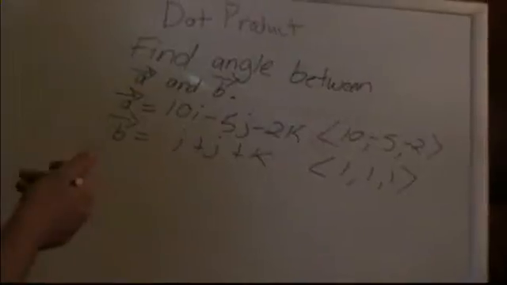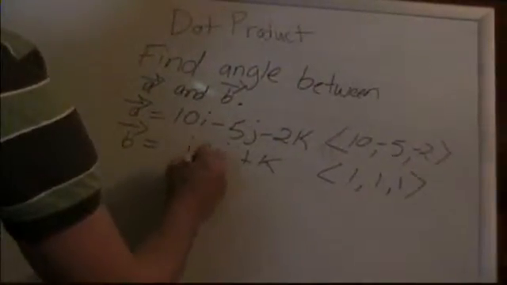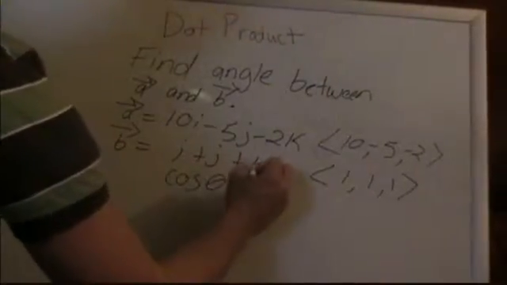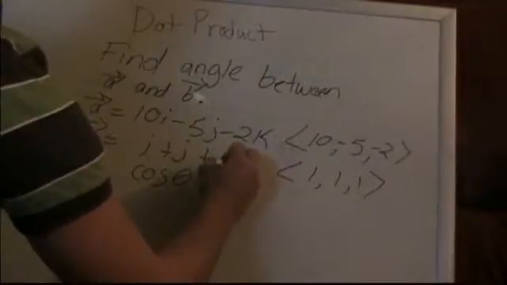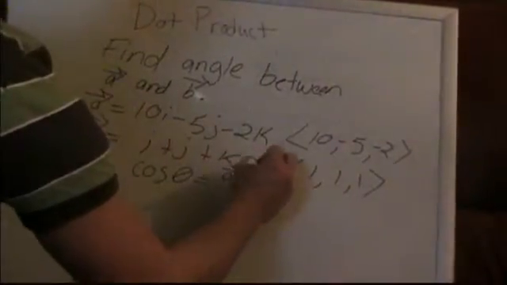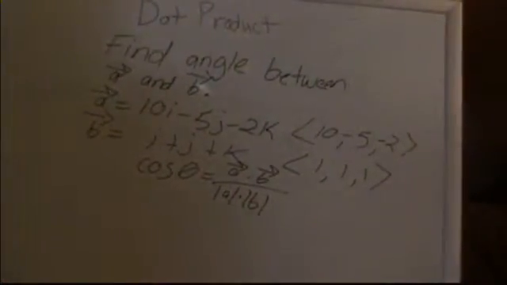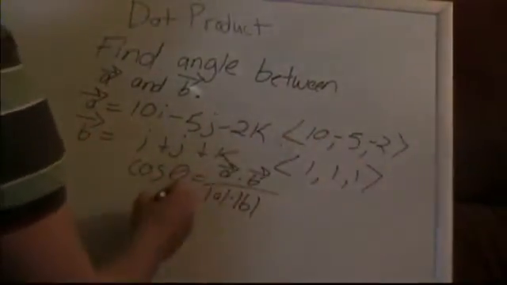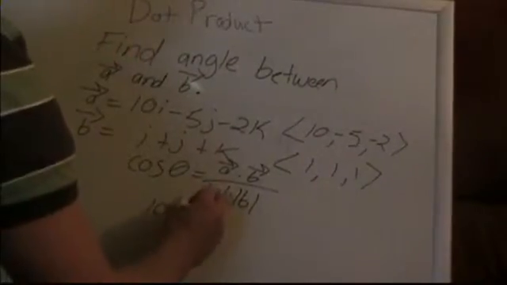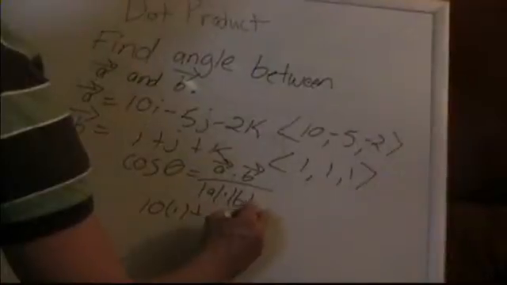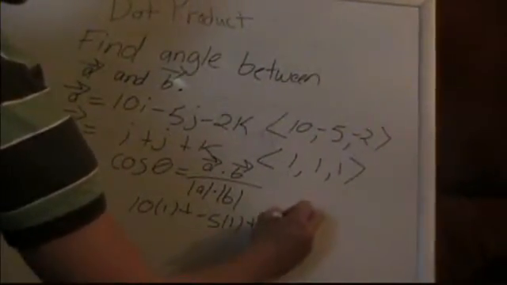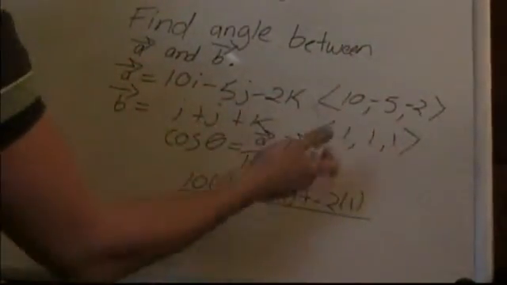So the formula here is cosine of theta is equal to the dot product of vector A and vector B over the magnitude of A times the magnitude of B. And so if we'll just do the dot product here, you got 10 times 1 plus negative 5 times 1 plus negative 2 times 1, and that's all going to be over the magnitude, and the magnitude is squaring each component of each vector, adding them together, and then you're going to multiply the two magnitudes together.